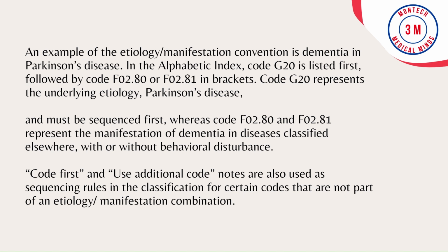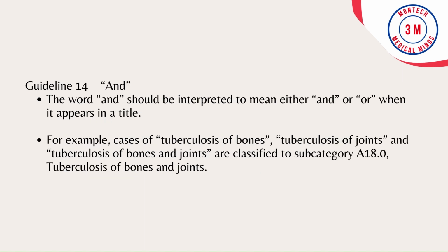Code G20 represents the underlying etiology, Parkinson's disease, and must be sequenced first, whereas code F02.80 and F02.81 represent the manifestation of dementia in diseases classified elsewhere, with or without behavioral disturbance. "Code first" and "use additional code" notes are also used as sequencing rules in the classification for certain codes that are not part of an etiology/manifestation combination.